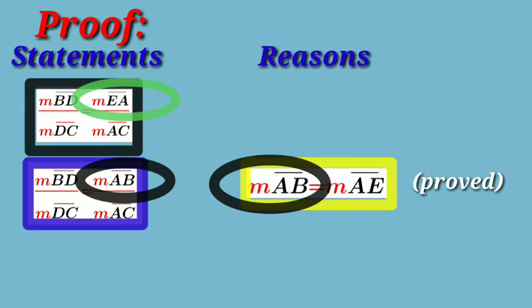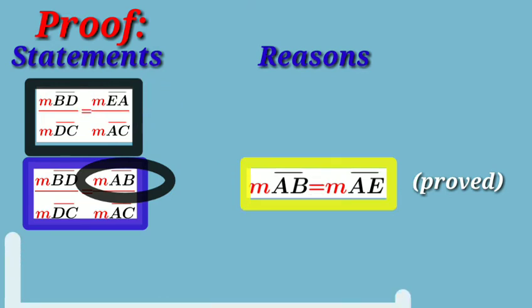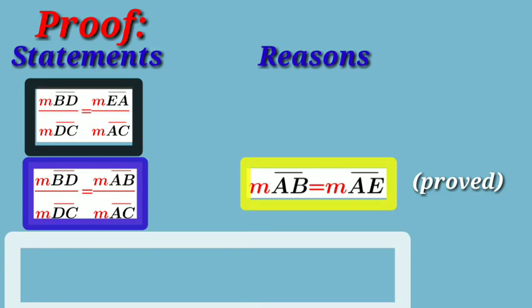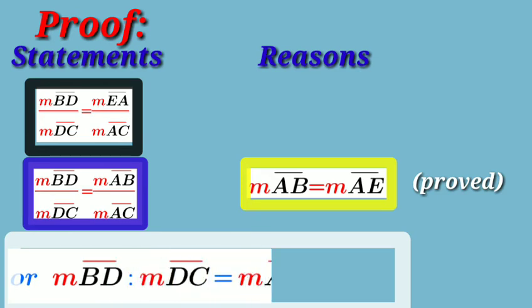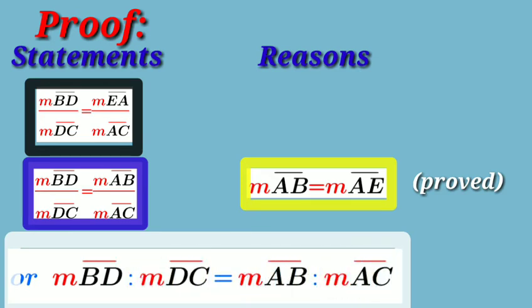So the required equation becomes side BD divided by DC is equal to side AB divided by AC. It can also be written as side BD ratio side DC is equal to side AB ratio side AC.